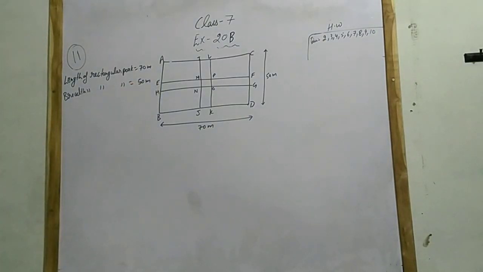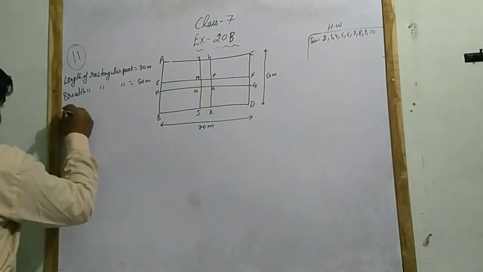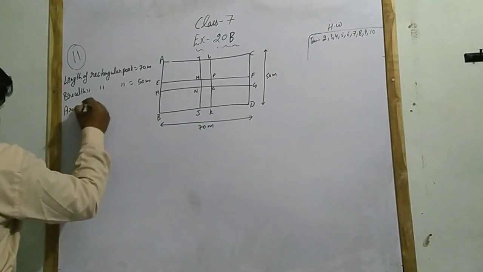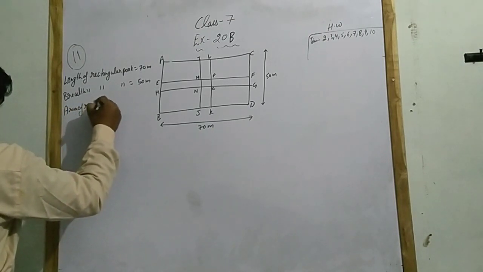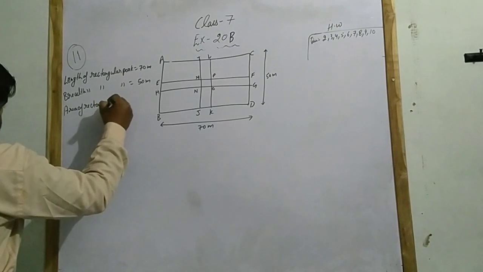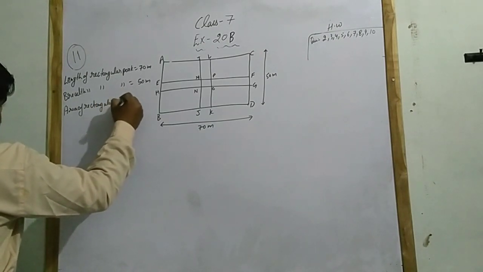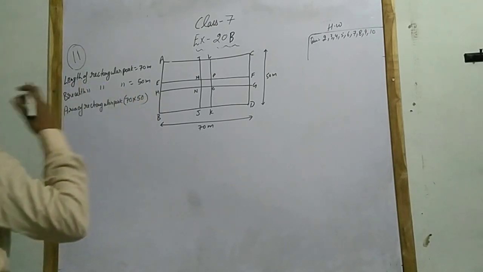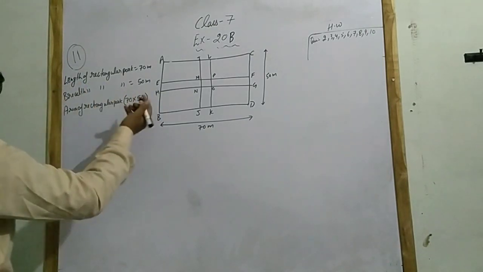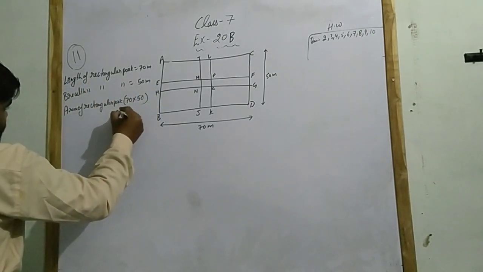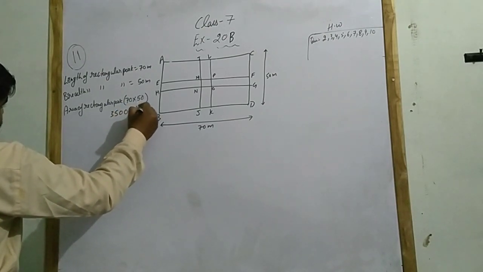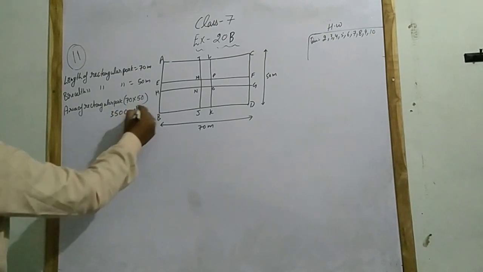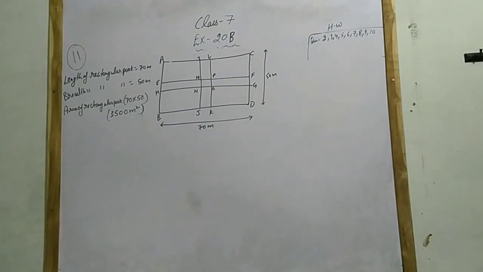Length and breadth are given, so area of the rectangular park will be 70 multiplied by 50, 7 5s are 35, so 3500 meter square. Area of rectangular park is this.